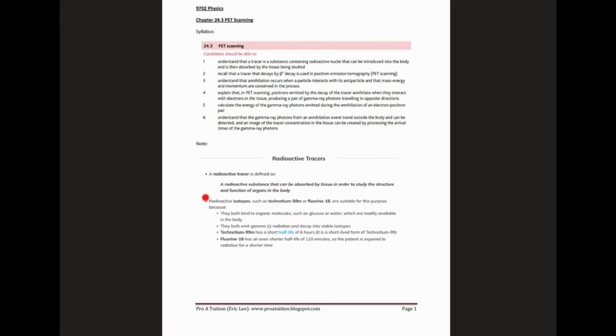Okay, second point: radioactive isotopes such as technetium-99m or fluorine-18 are suitable for this purpose because... before we look at the reasons listed here, let's see what is meant by technetium-99m.